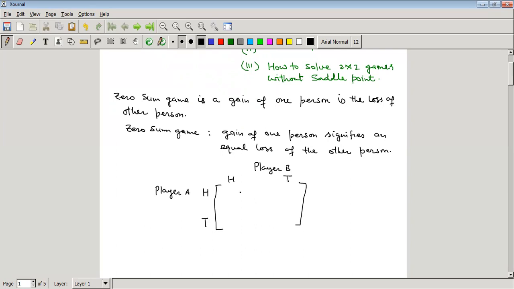If the upper face shows head, then A gets ₹1. If it shows head and tail, then A loses ₹1, or B gains ₹1. Similarly, for tail and head, A loses ₹1, and if it shows both tail, then A gets ₹1.